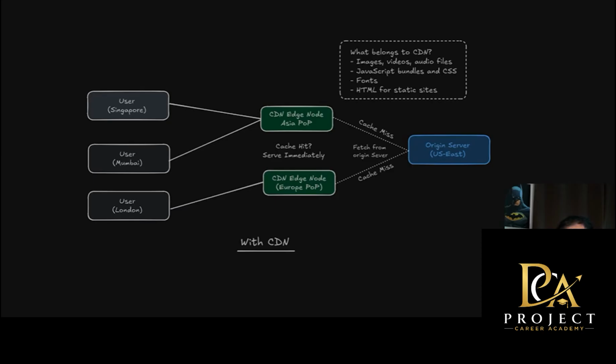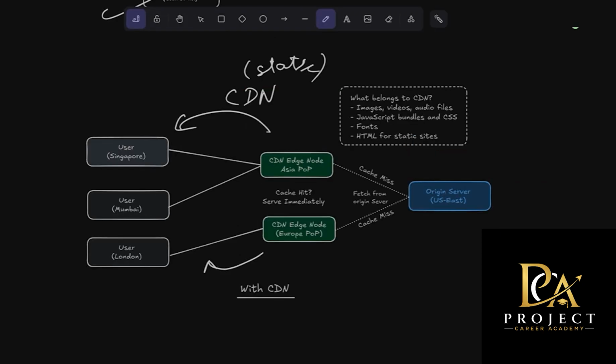Let's also understand what happens when a user requests a static file. A static file is something that will not change. At the time of the first request, the file is not present in the edge node. This situation is called a cache miss. So the user requests the CDN edge node.